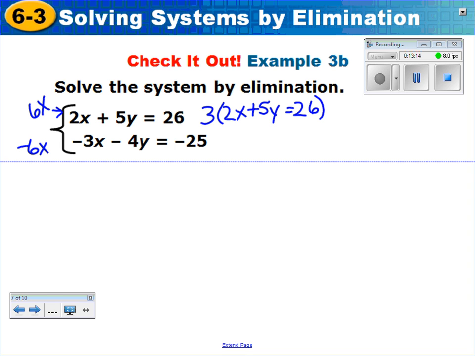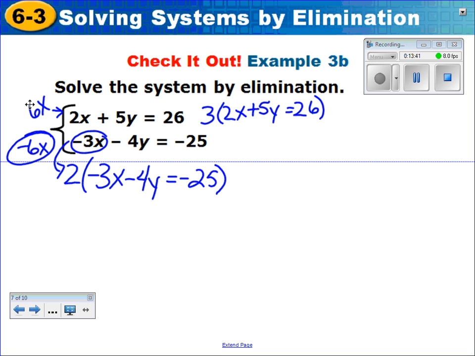And now I'm thinking, well, what can I do to this bottom equation to make this negative 3x negative 6x? Well, if I multiply everything in this equation by positive 2, 2 times negative 3 is going to give me that desired negative 6. So I'm going to multiply everything in this equation by positive 2.